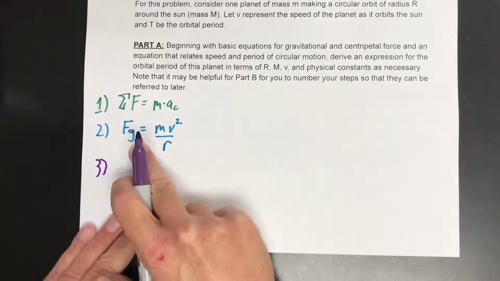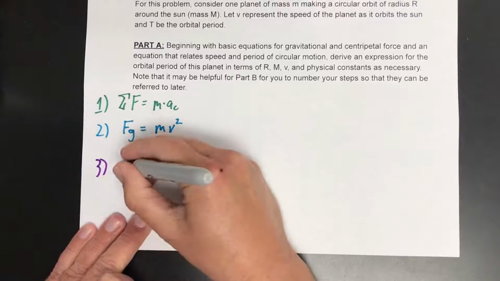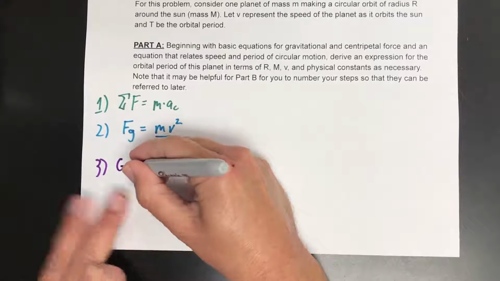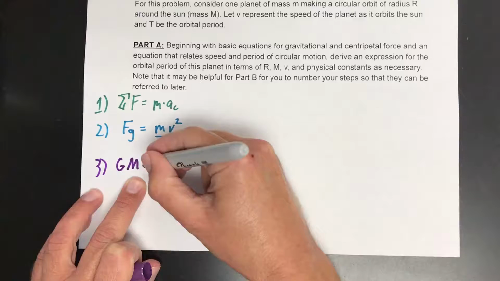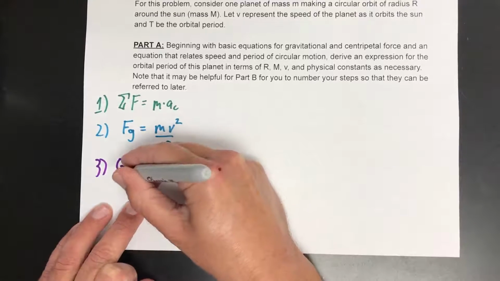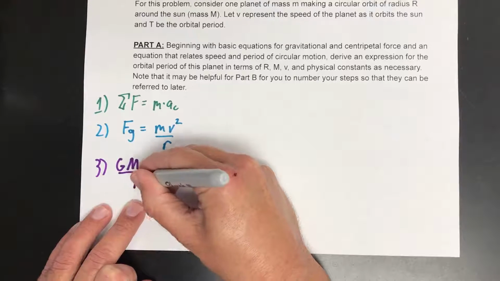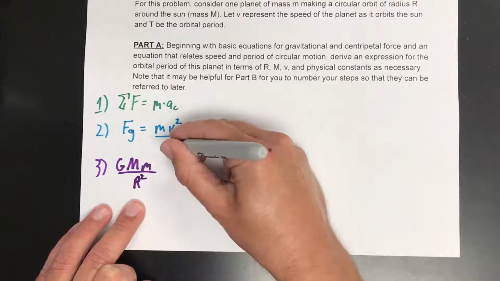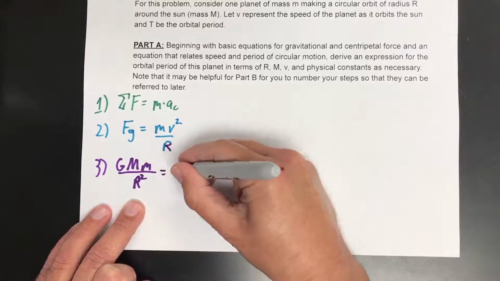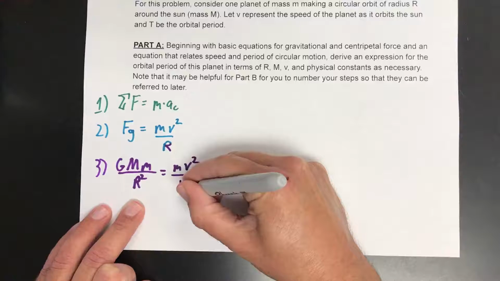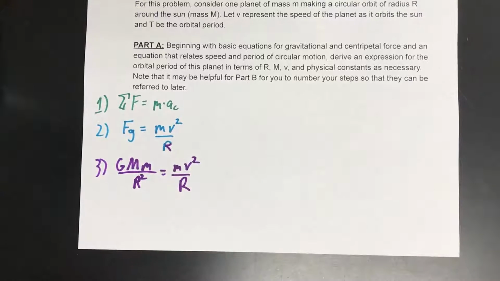Step 3, let's substitute in. This is Newton's universal law of gravity. So it's the universal gravitational constant times one mass, which is the sun, big M, times the other mass, which is the planet, little m, over R squared. And I'm going to actually write these R's as capital. And that is equal to mv squared over r.